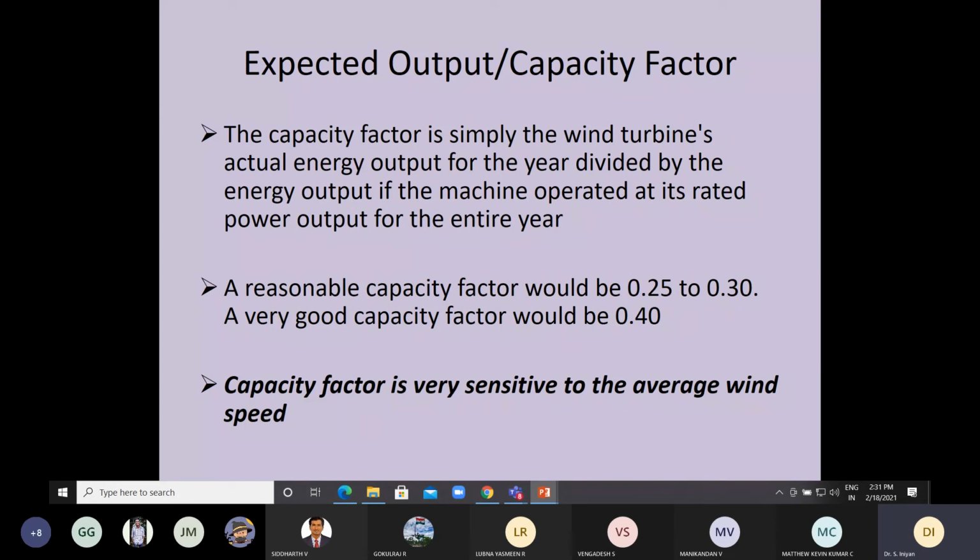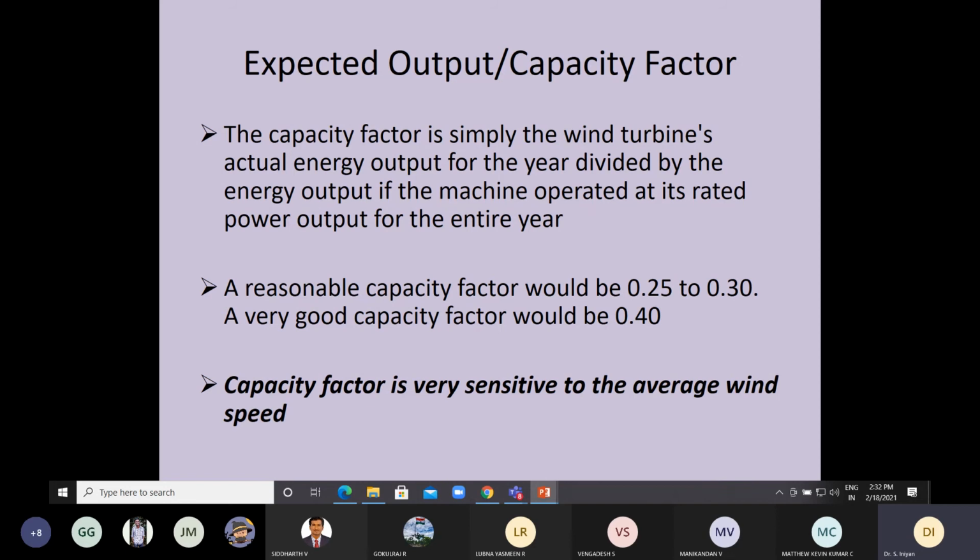Next is the expected output, that is the capacity factor. As I told in the previous slide, the capacity factor is the energy generated per year to the number of turbines into the number of hours operated per year. So there's a basic formula for calculating the capacity factor.